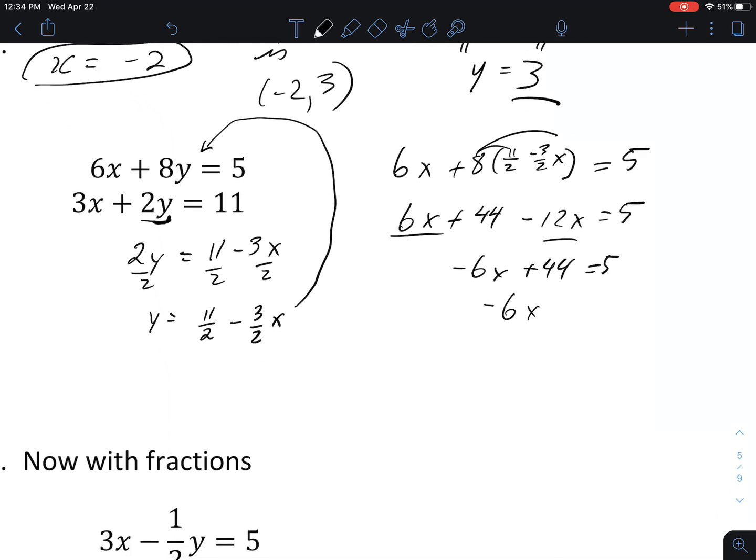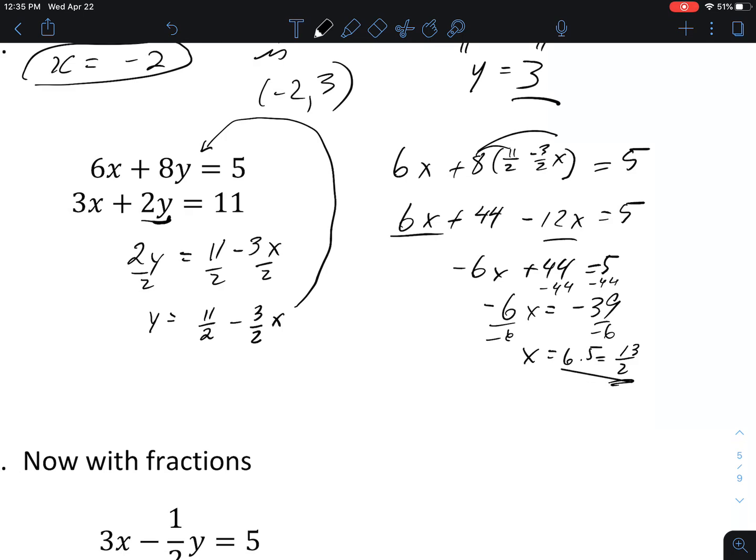And I'm going to combine these. And I'm going to subtract when I take away 44, right? So x turns out to be 6.5 when I divide by negative 6. Or I could also write this as 13 over 2 if I wanted it in fraction form.